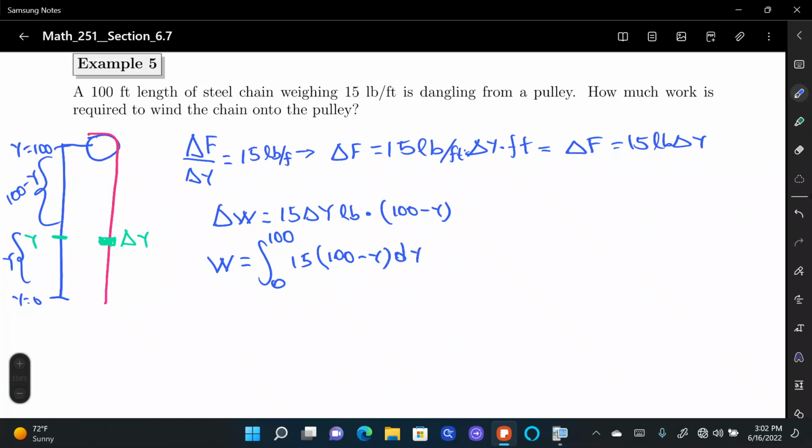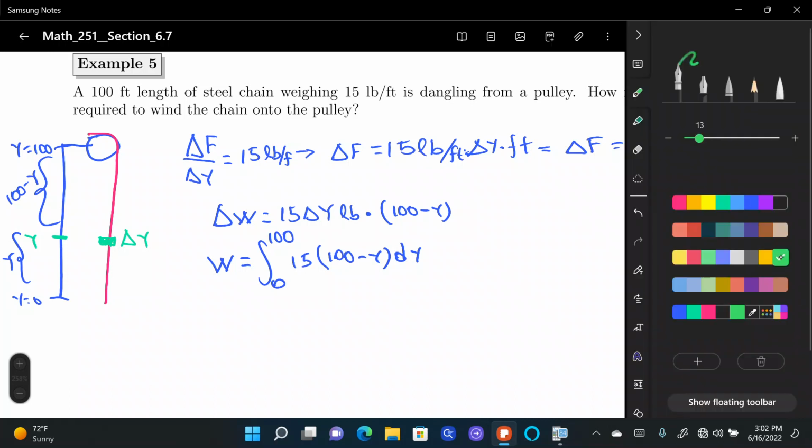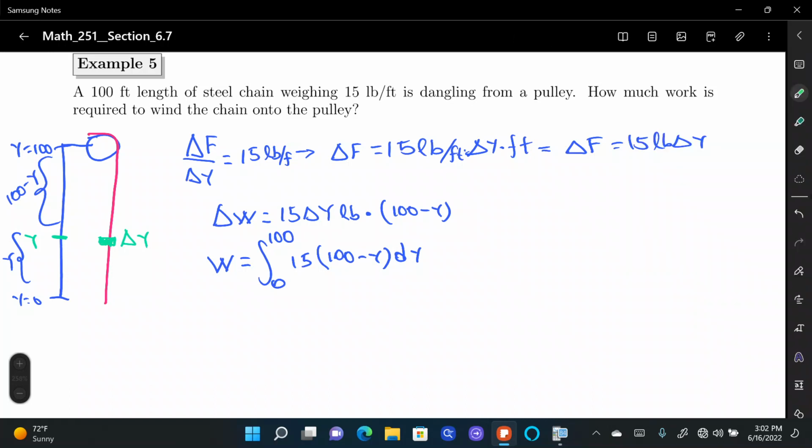And a quick comment about the units, just to show the consistency with them. So what do we have? This is pounds per foot. This distance right here is in feet, and this dy is also feet.